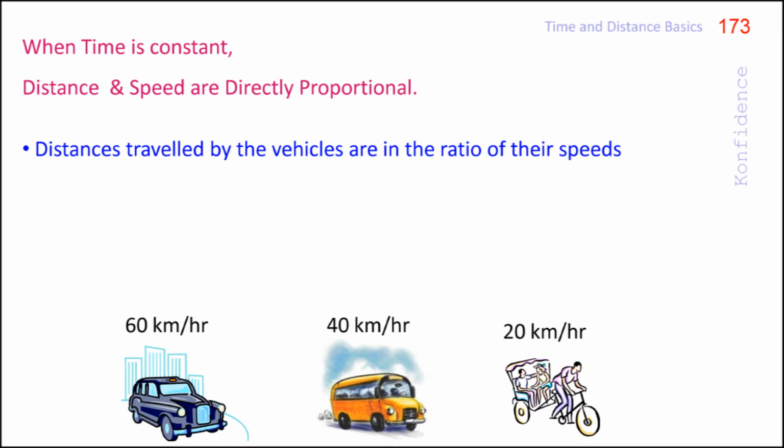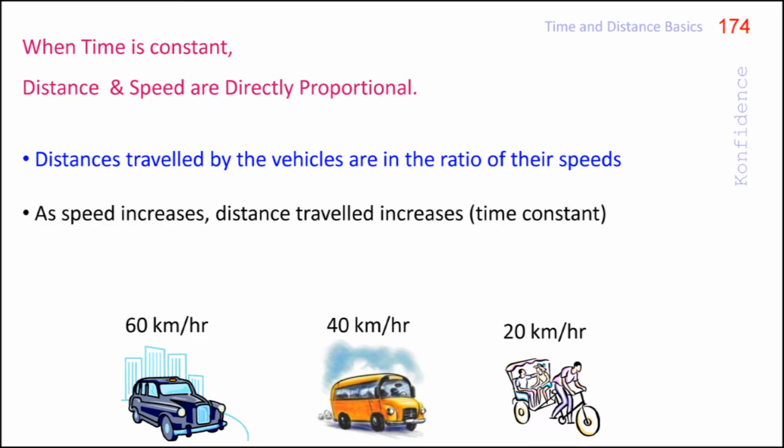The distances travelled by the vehicles in 2 hours are 120, 80 and 40 kilometers. Again, the ratio is 60 is to 40 is to 20, the ratio of the speeds. The more the speed, the larger the distance covered in the same time. Thus, we can see that when time is a constant, distance and speed are directly proportional.